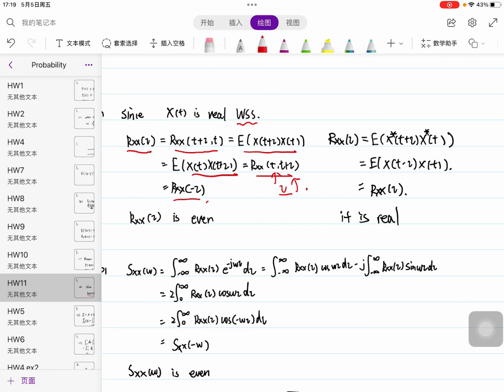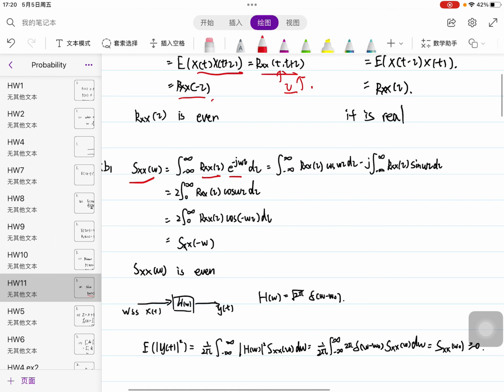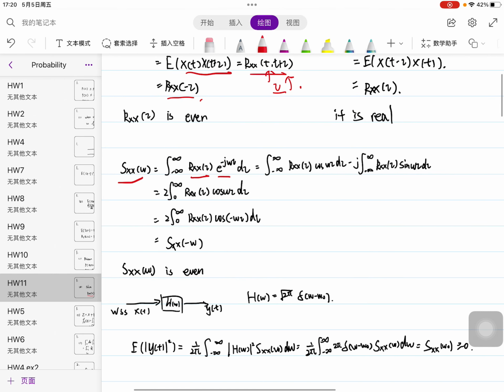Yes. And for the second question, we are going to show that the power spectral density is even and non-negative. Also based on the definition, it equals to the integral of the autocorrelation times e to the power of minus j omega tau.